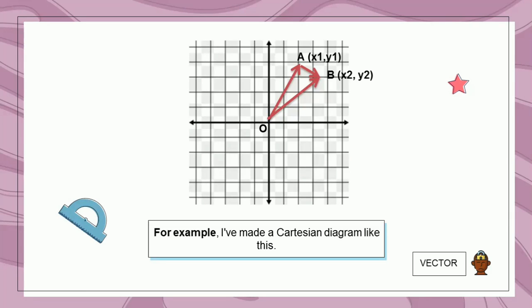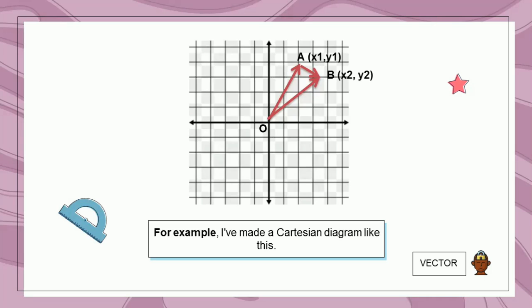Point A with coordinate x1, y1, and point B with coordinate x2, y2. Then I drag it from A to B. It's called a line. If it has a direction from A to B, then it is called a vector.